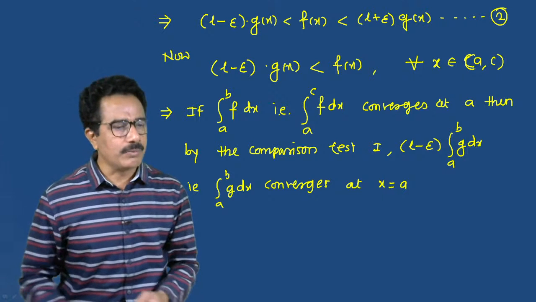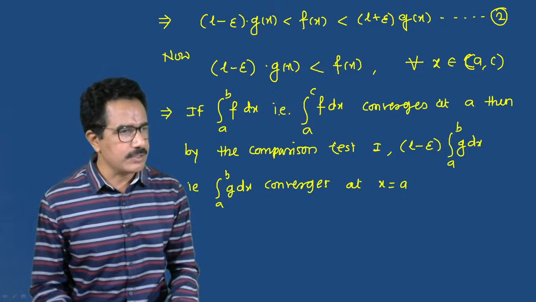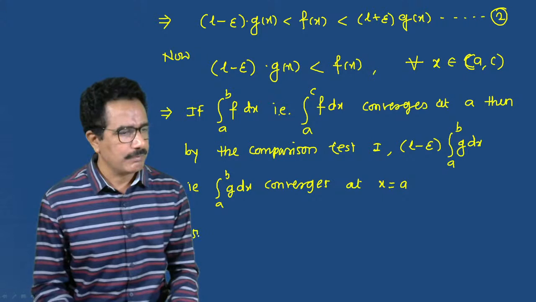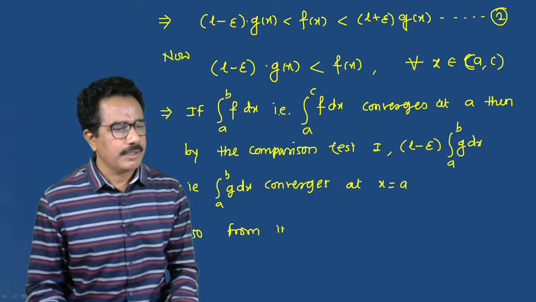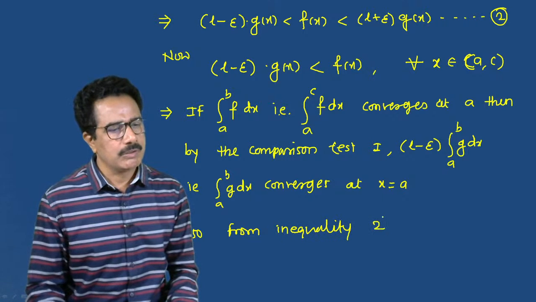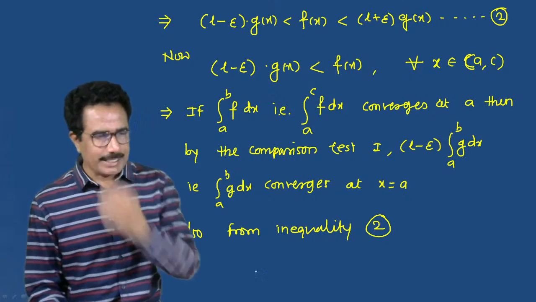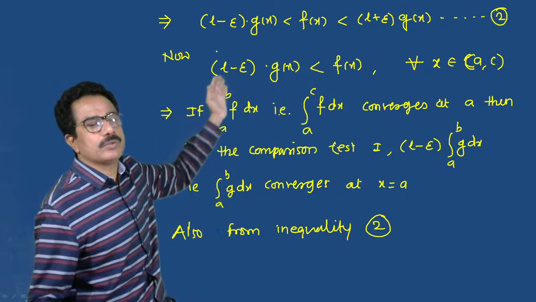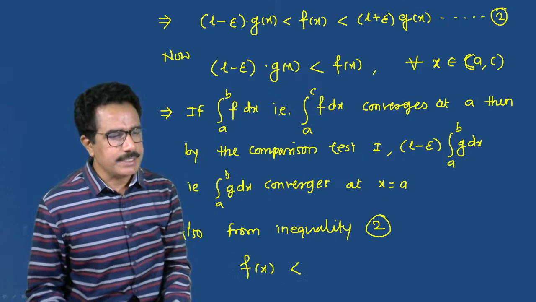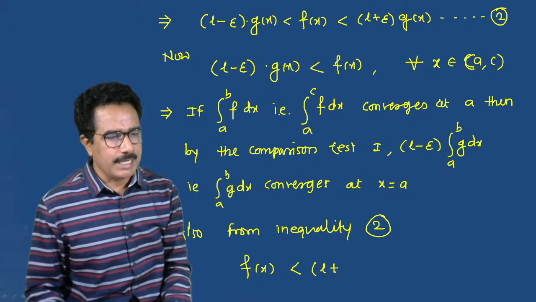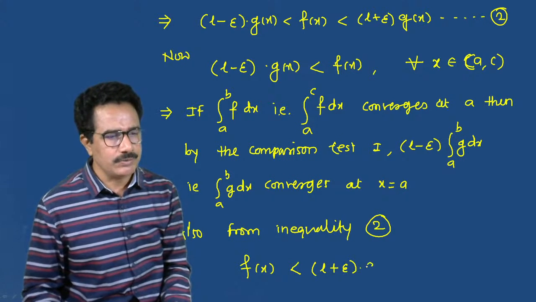Now from inequality 2 also we can write. We took the left side earlier, now let us take the right side: f of x is less than L plus epsilon into g of x.